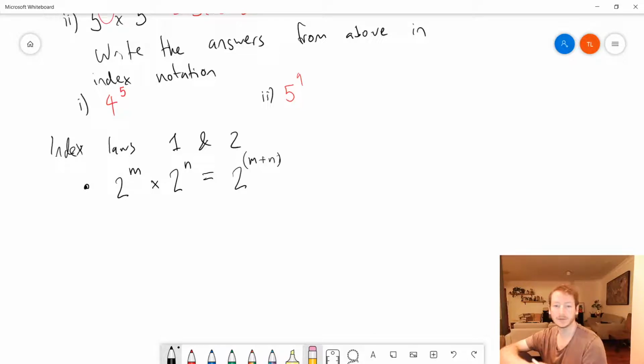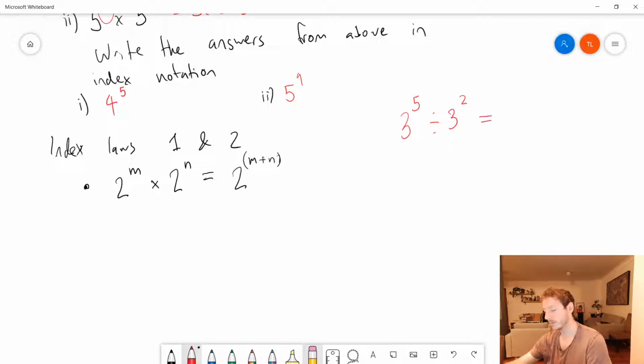Now division, if you have a go at doing an example in algebraic form, which I'll just do off to the side real quick, I won't spend long on it. Let's say we've got 3 to the power of 5 divided by 3 squared. Remember, you can write this as a fraction. 3 times 3 times 3 times 3 times 3 all over 3 times 3.